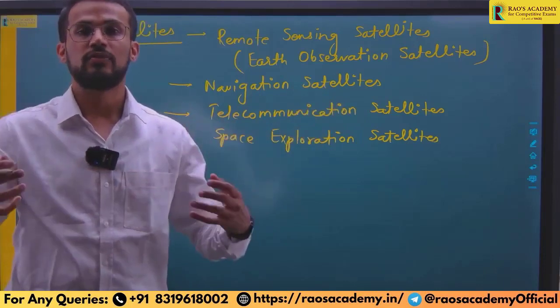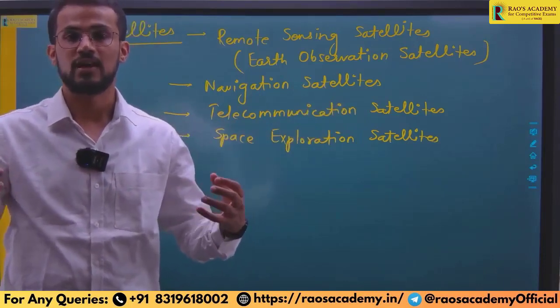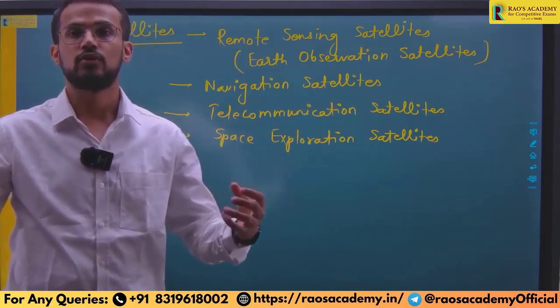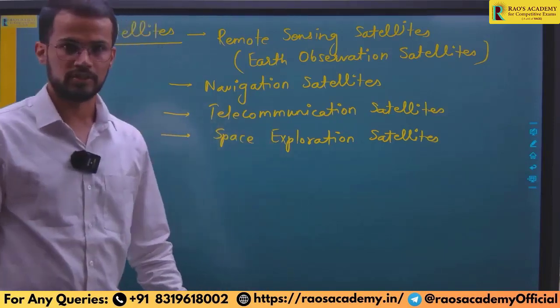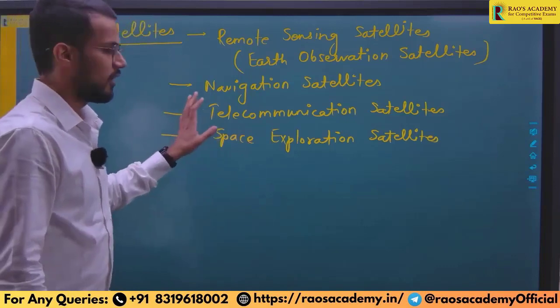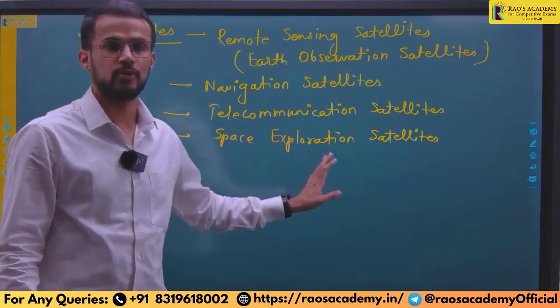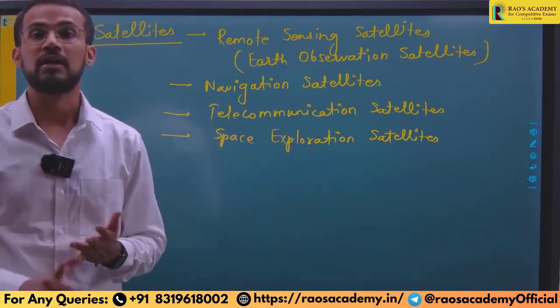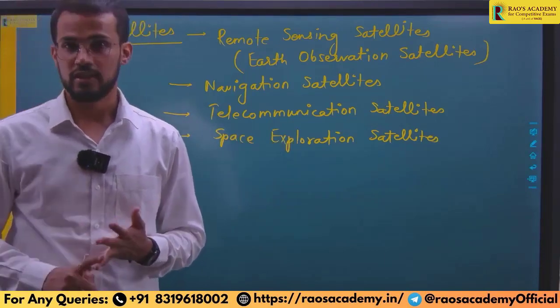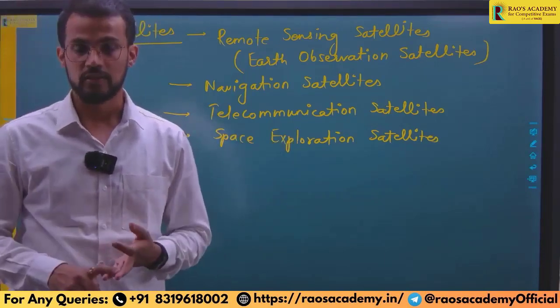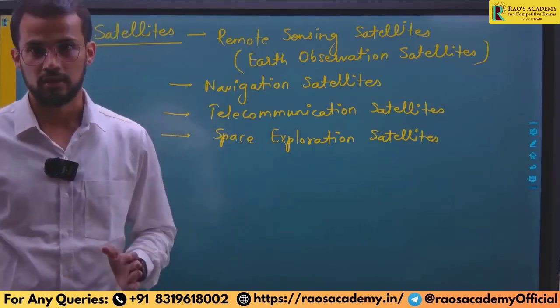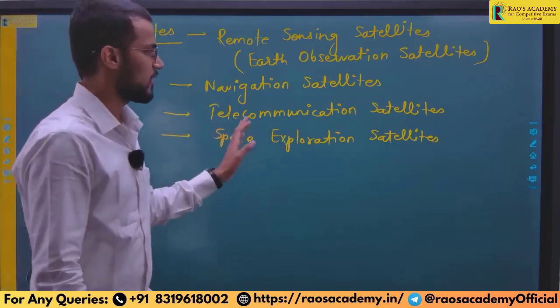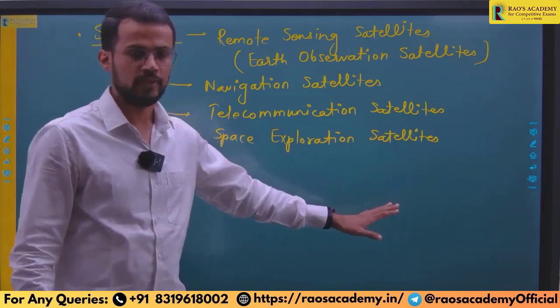What are the different planets, stars, and the features of those planets and stars, we know on the basis of space exploration satellites. India has also launched space exploration satellites like Mangalyaan, Chandrayaan, Aditya L1, and in future we will be launching Shukrayaan. So all these are space exploration satellites.